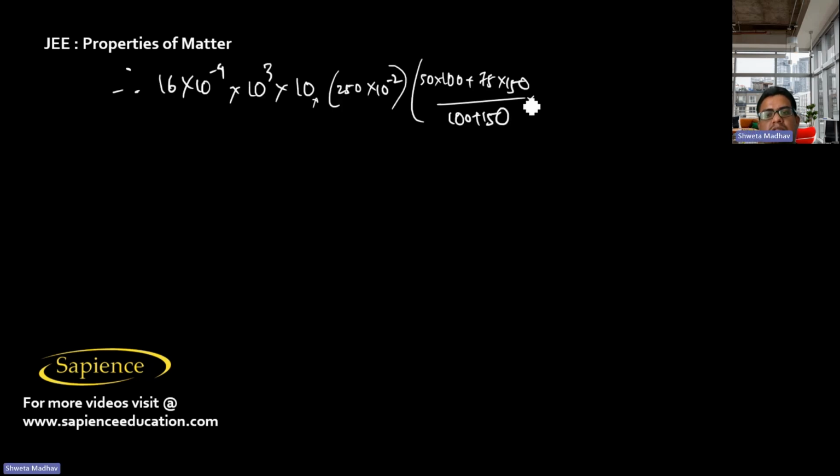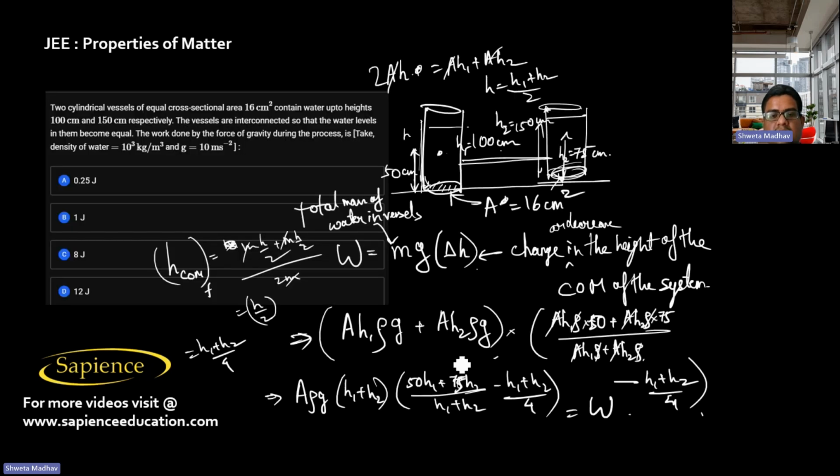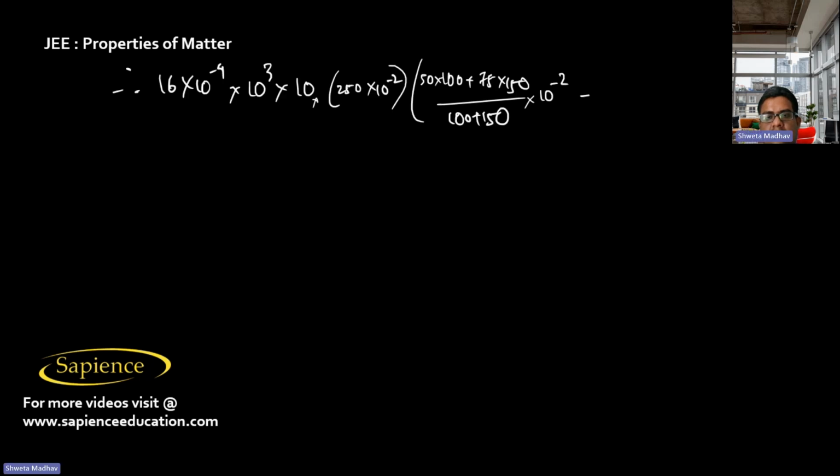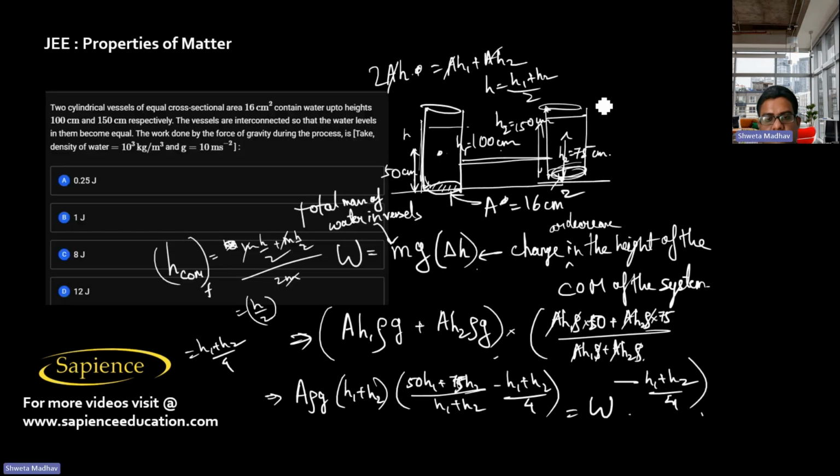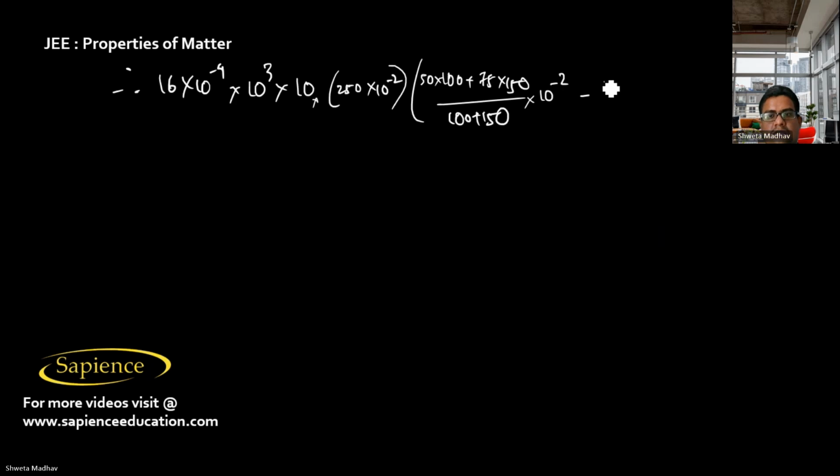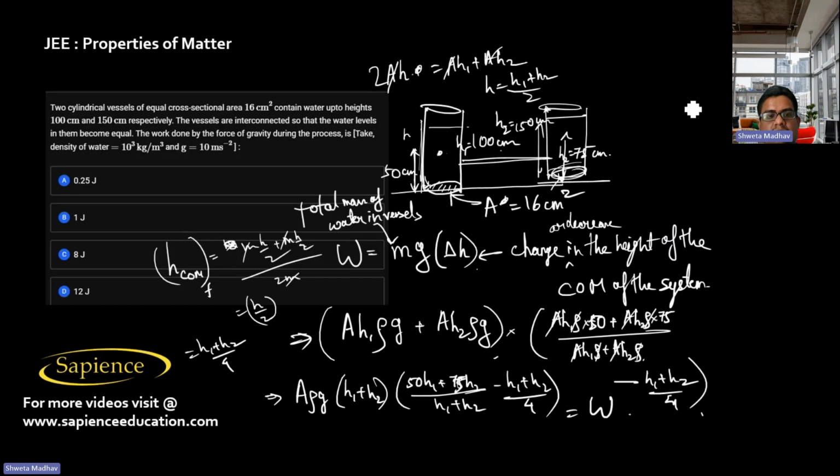But this will be in centimeter, so it's going to be into 10 power minus 2 so as to get them in SI units. Then minus we will have H1 plus H2 by 4, which is 1 plus 1.5 by 4. So that is equal to the required work done.